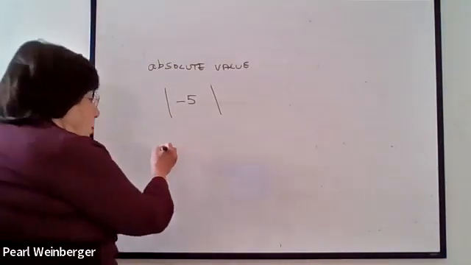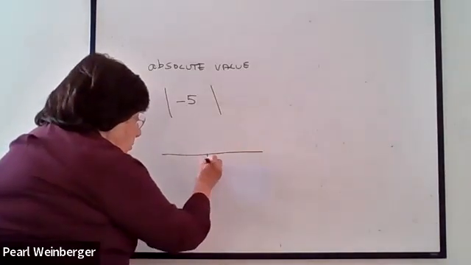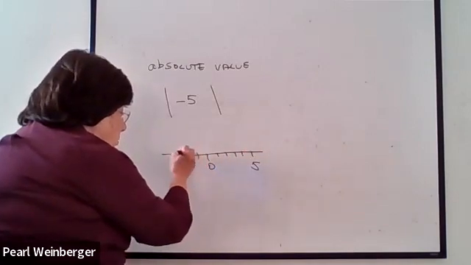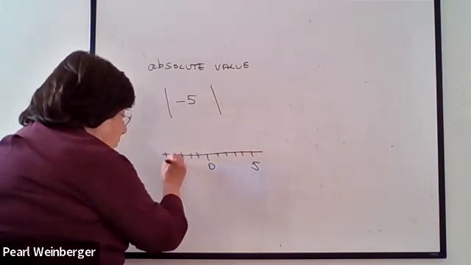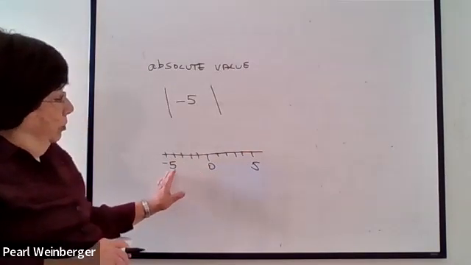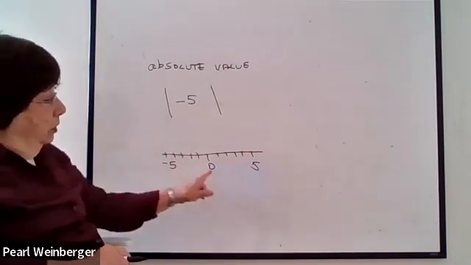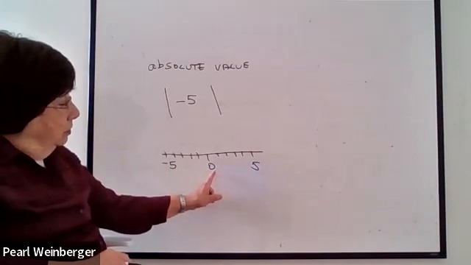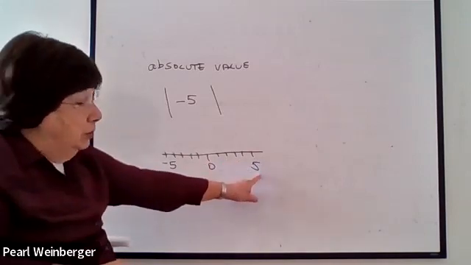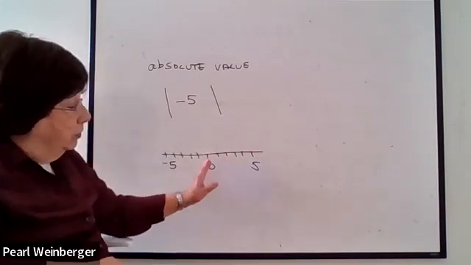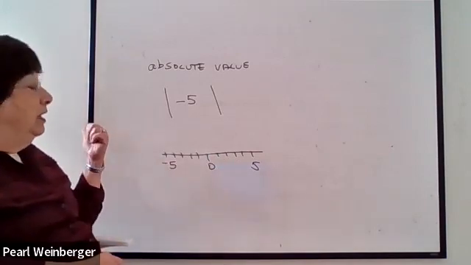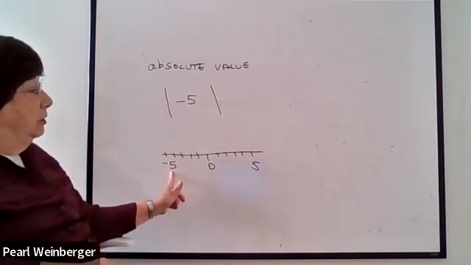If you look at your number line, at both the -5 and the 5, for example, the 5 is 5 paces or 5 steps to the right of the origin. The -5 is the same 5 steps, only going in the opposite direction. It's going to the left.